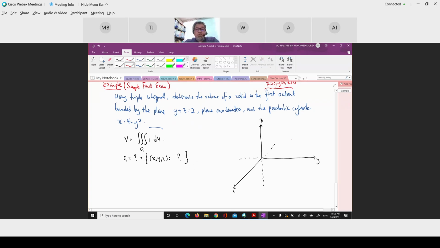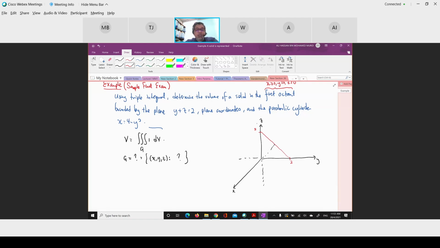What is this on the YZ plane? It is a line that intercepts the y and z axes at 2.